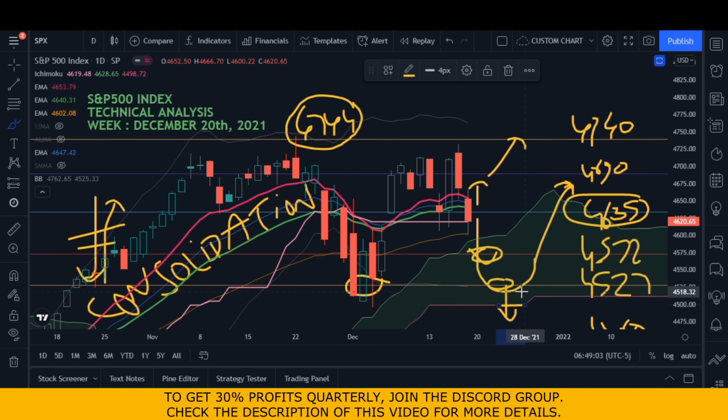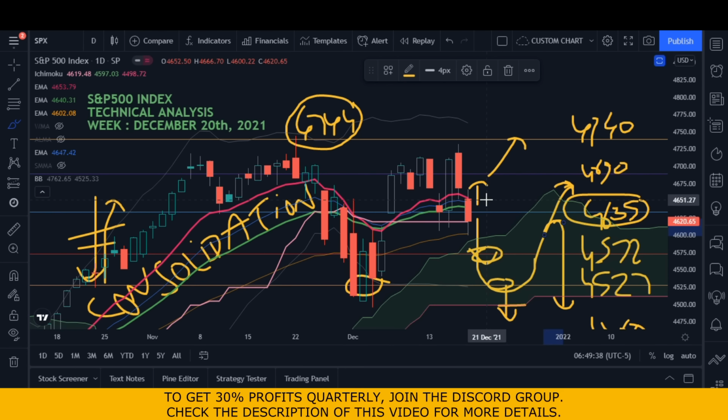Now when it moves up, if it faces some problem, if it fails to close here, in that case it will come down, and it will take this path. So it will try to move up; if it fails, then finally it will come down and cross below the Ichimoku cloud. So all you need to do is wait for Monday, see whether it is closing above 4635 and the moving averages.